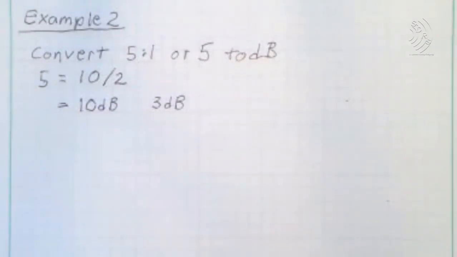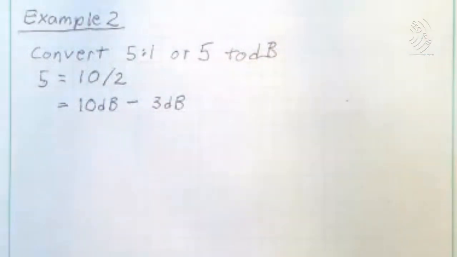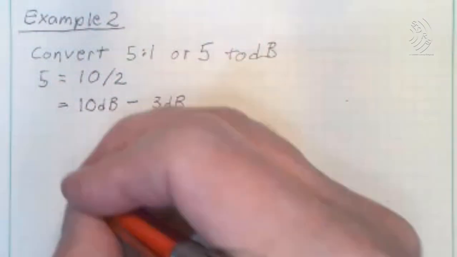And we also know that when we're working in decibels, instead of dividing one value by another, we subtract the second value from the first value. So that's how we use subtraction instead of division when we're working with decibels.